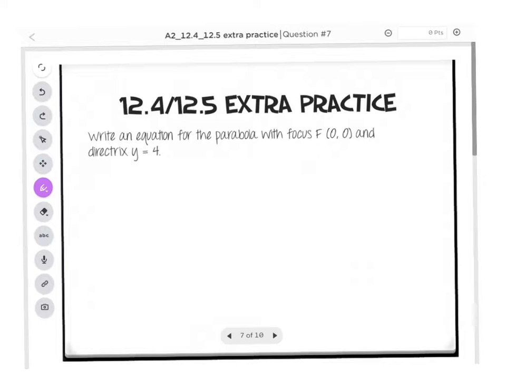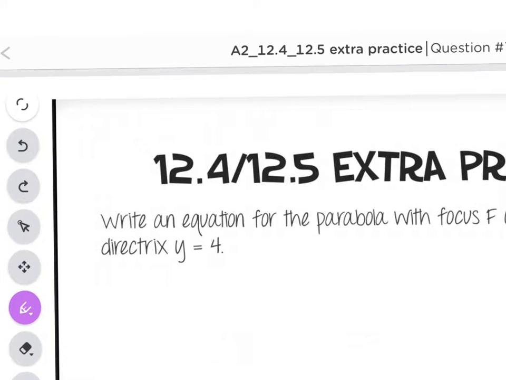Okay, so parabolas. Just like with hyperbolas, you have two options. You either have a parabola that opens vertically, up or down, and then a parabola that opens horizontally, which is faces right and faces left. So if it's up or down, then it's y equals plus and minus 1 over 4p times x squared.